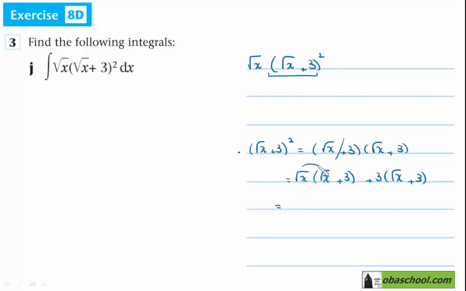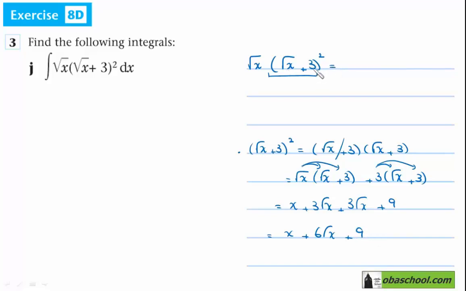Let's expand now: square root of x multiplied by the square root of x is x, plus the square root of x multiplied by 3 is 3 square root of x, plus 3 multiplied by the square root of x, plus 3 multiplied by 3 is 9. This is equal to x plus 3 square root of x plus 3 square root of x is 6 square root of x, plus 9.